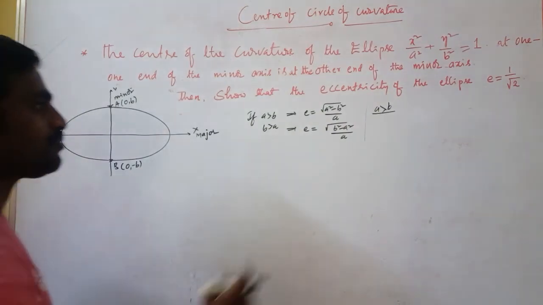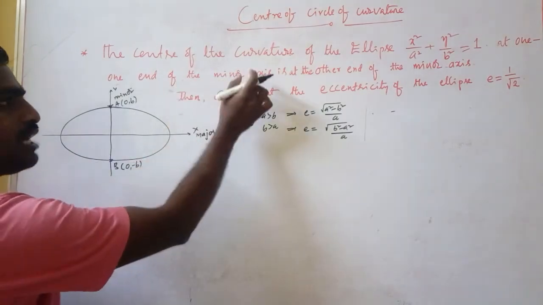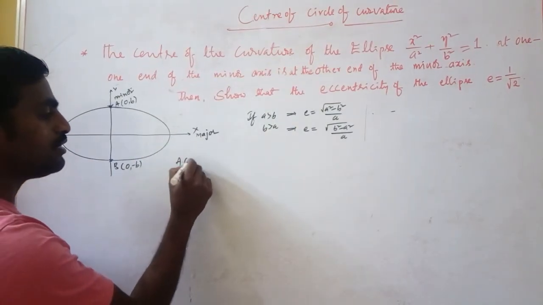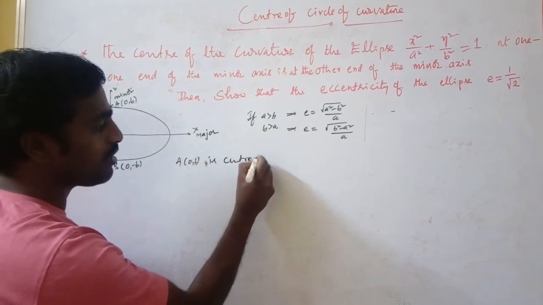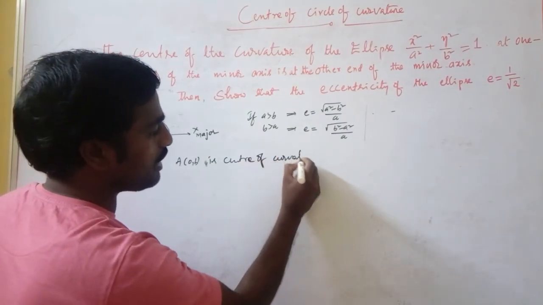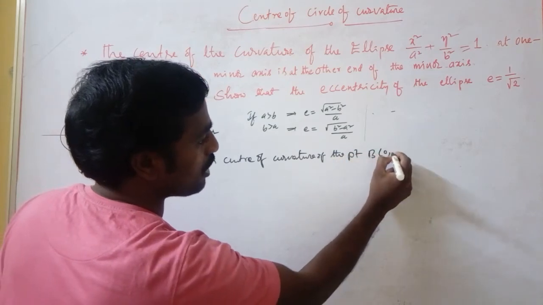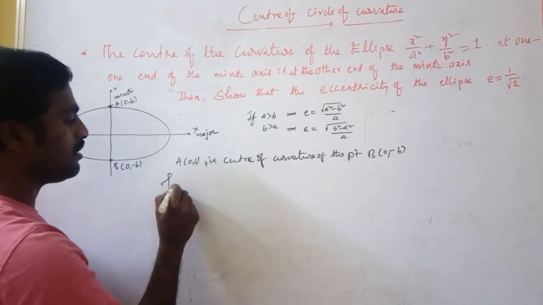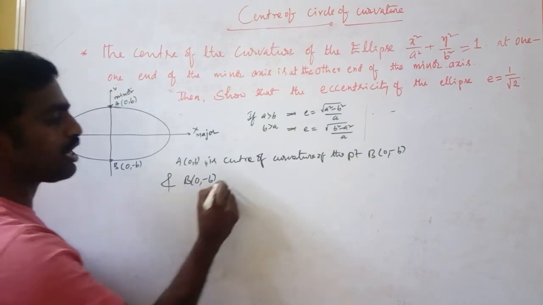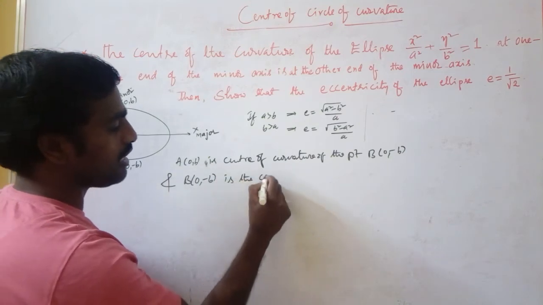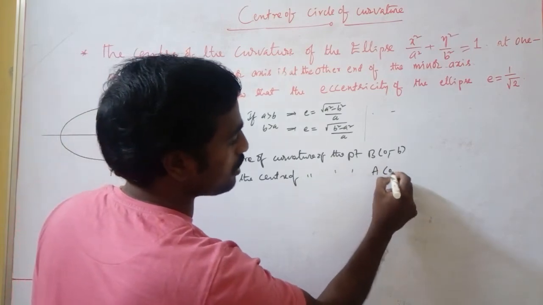See here clearly. The statement is: the point A, 0 comma b, is the center of curvature of the point B, 0 comma minus b, and the point B, 0 comma minus b, is the center of curvature of the point A, 0 comma b.